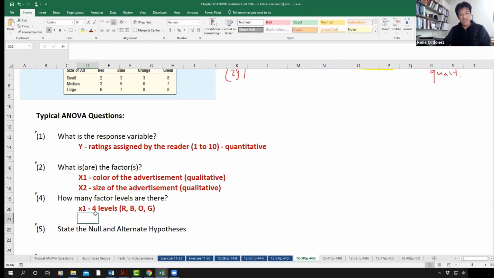Okay, so how many levels are there in X2? There are 3. And the 3 levels are small, medium, and large.